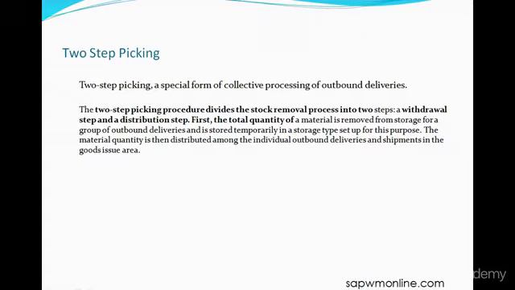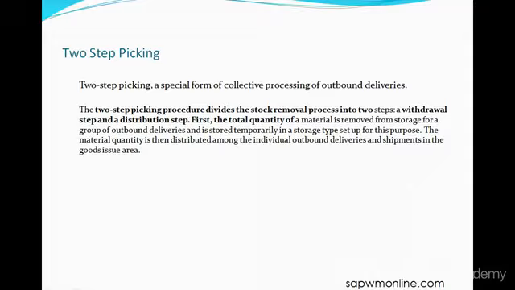What we can do is, for today's entire operations load, we can see if the material is going to be picked for multiple deliveries. If that is the case, then it makes sense that we club all the deliveries and pick the total quantity in one go. And we get the total quantity at one common place and then distribute it from that place to the respective deliveries.